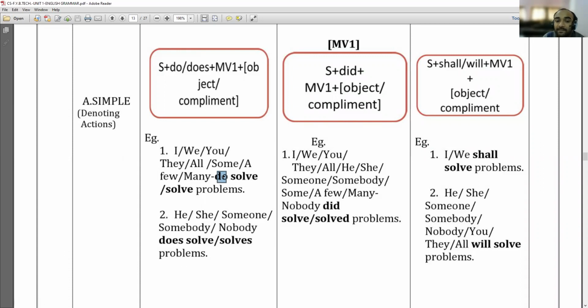We add that do or does in that verb in the present form.